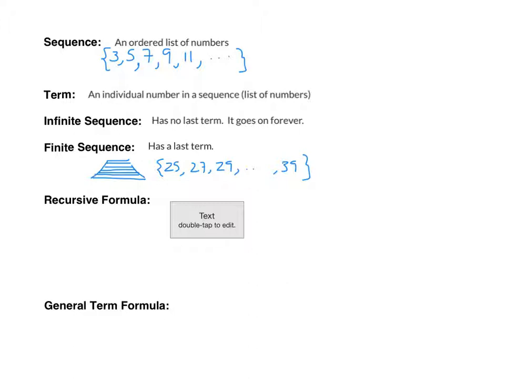So with a recursive formula, what it's doing is it's taking the previous value you had or previous values and creating the new value based on what the previous value was. So a new term is generated by performing mathematical operations with previous terms.